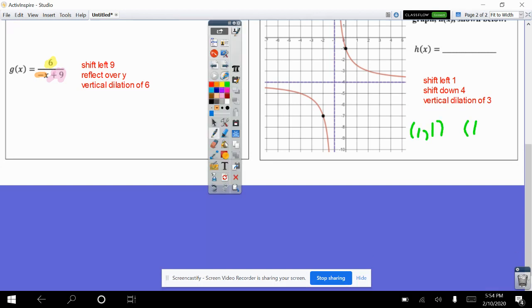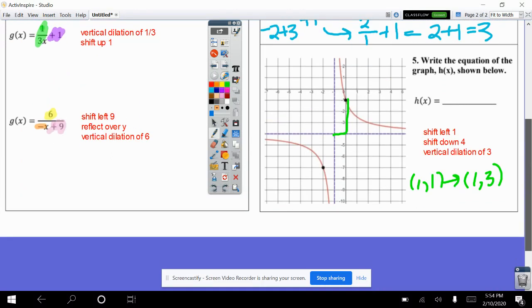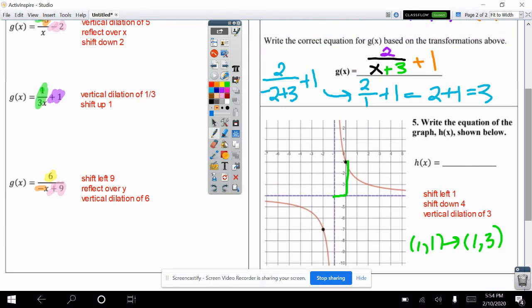But the point I'm seeing is 1, 3. Right 1, up 3. So to get from 1, 1 to 1, 3, I would have to multiply the y value by 3, which is a vertical dilation of 3. And there's no reflection because, like I said, right 1, up 1 just became right 1, up 3. If it was a reflection, it'd be going down instead of up there.